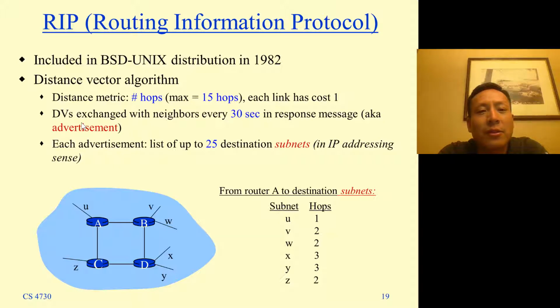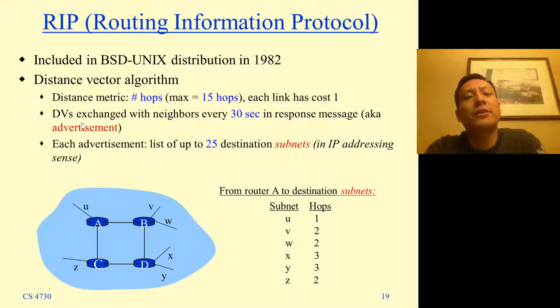In RIP, the metric is the number of hops. Maximally you can have 15 hops. So each link has cost 1. Essentially the cost is based on how many hops from the source to the destination, and you simply want to find the path that has the least number of hops, right? Because each link has cost 1, you want to find the shortest path, the path with the fewest hops.